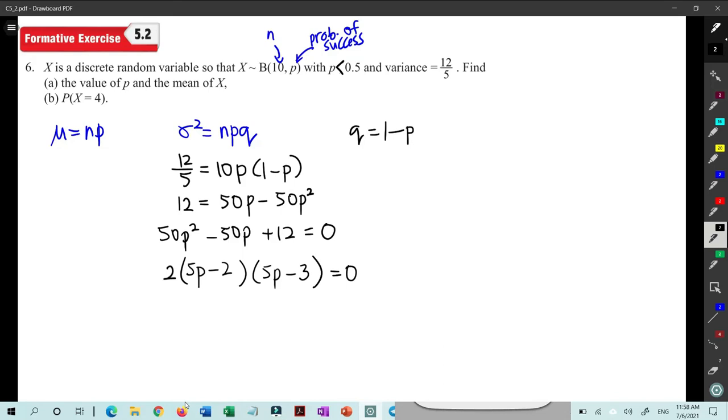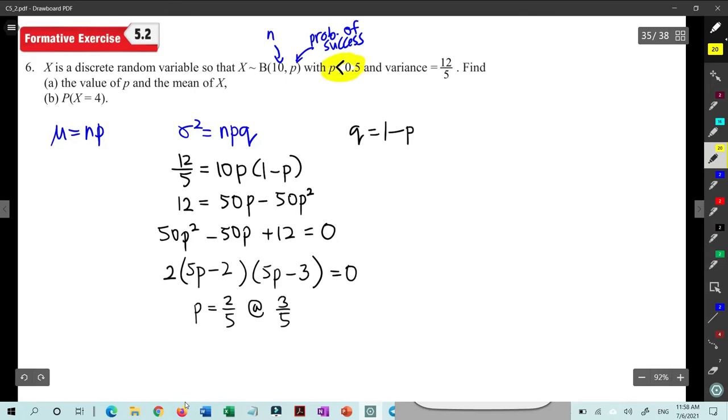And finally you can write p is equal to 2 over 5 or 3 over 5. But if you go through the information given in the question once again, the value of p is less than 0.5. So therefore we have to reject the second value, which is 3 over 5.